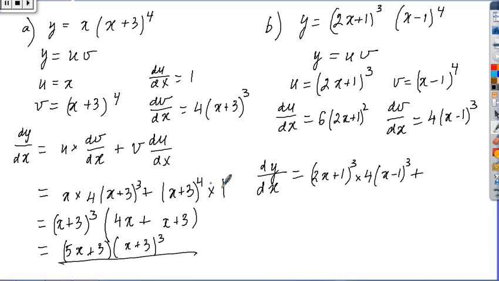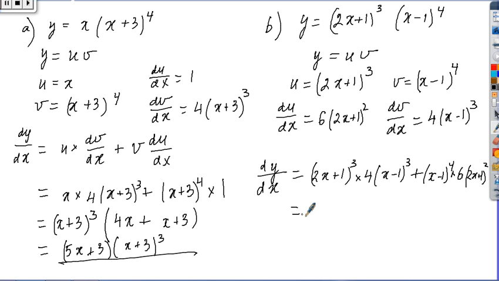It is just a little bit aside here, and it's already a little bit hard, so it's very, very useful if you keep the formula just in front of you to avoid any mistakes, plus v, which is (x-1)^4, times du by dx, which is 6 times (2x+1)^2.